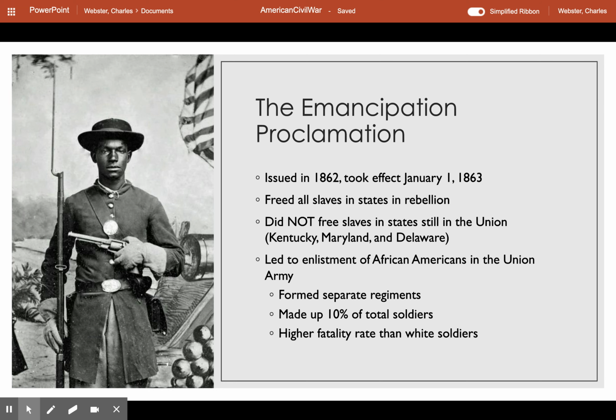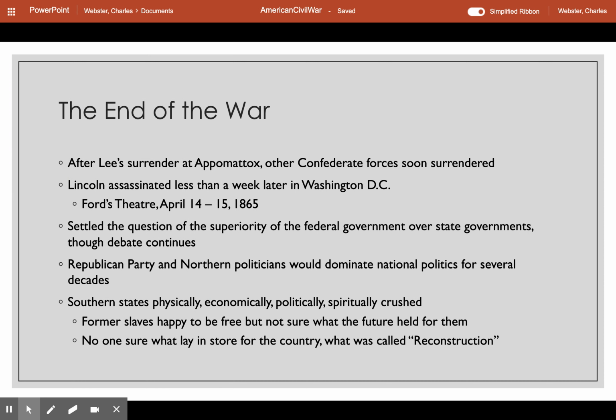So the end of the war came about in 1865, and Robert E. Lee's Army of Northern Virginia surrendered at Appomattox, and soon after, Confederate forces surrendered there instead of going off into the hills and the mountains and fighting a guerrilla war, which they could have done, but they didn't do that. They surrendered.